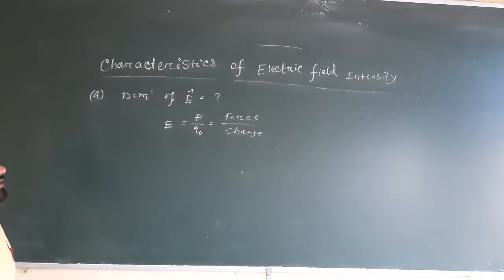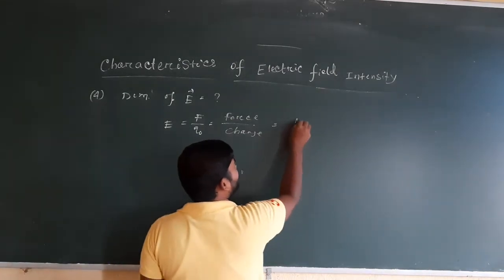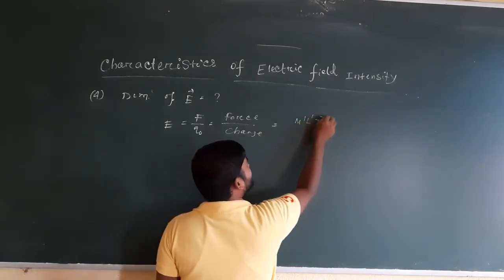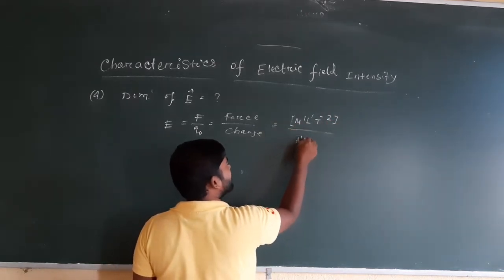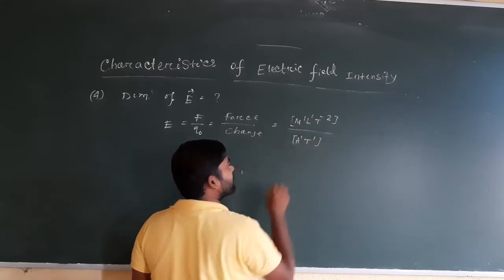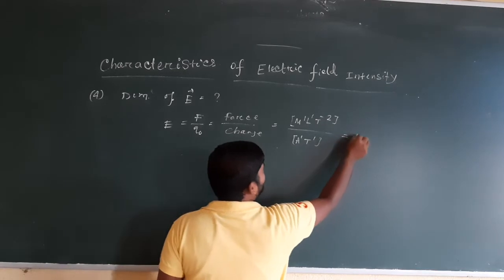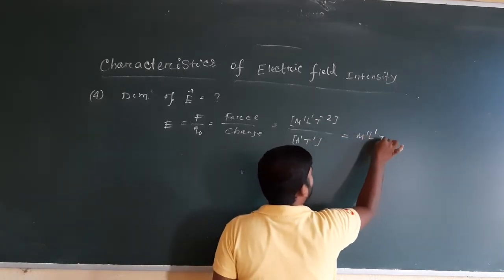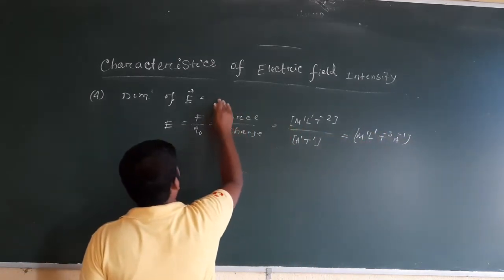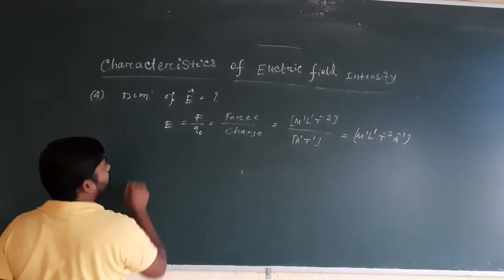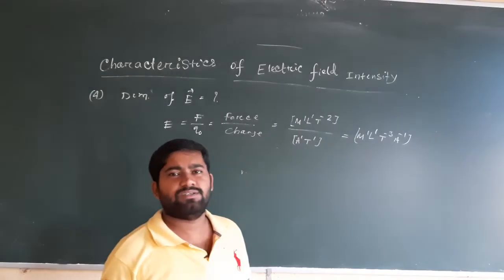The dimension of force is M1 L1 T minus 2, divided by the dimension of charge, which is A1 T1. So the dimension of E equals M1 L1 T minus 3 A minus 1.